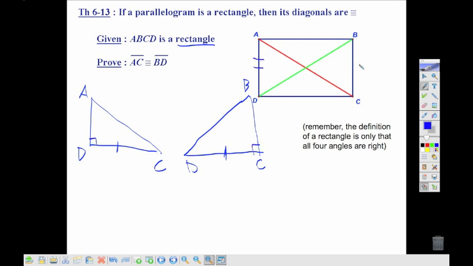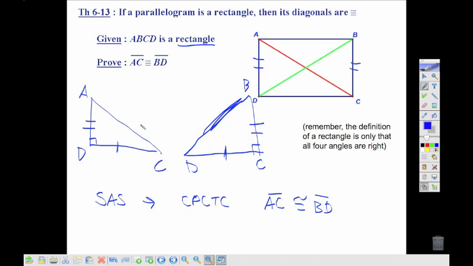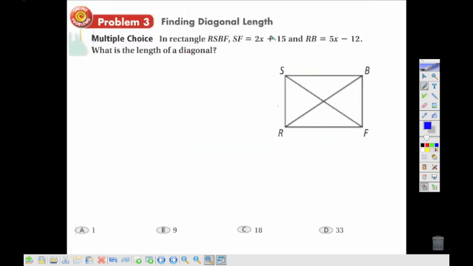And because it's a parallelogram, we have opposite sides congruent. So here we can see we have side angle side. These triangles are congruent. So by CPCTC, we know that AC is congruent to BD. The diagonals are congruent to each other.